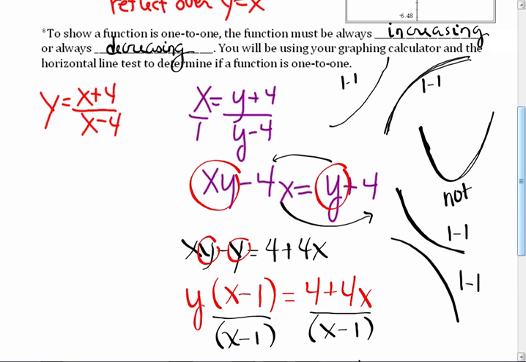Does that make sense? The function's either always got to be going up or always going down. You can't have a mixture of increasing and decreasing. So this is decreasing here and then increasing. Okay, that's just about inverses.